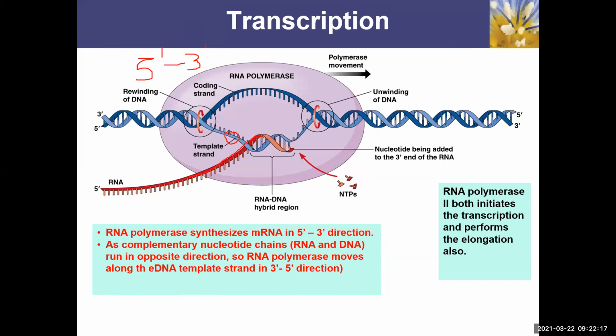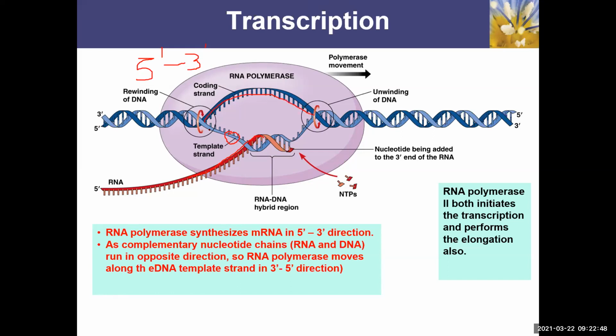So reading in 3' to 5', but formation of the new strand of mRNA will always take place in the 5' to 3' direction. Is it clear? Everybody till now? So we don't have DNA unwinding enzymes, helicases. The true and false question will come based on that. So you have to say that no, DNA unwinding or rewinding it back again is taken care of by the RNA polymerase itself.